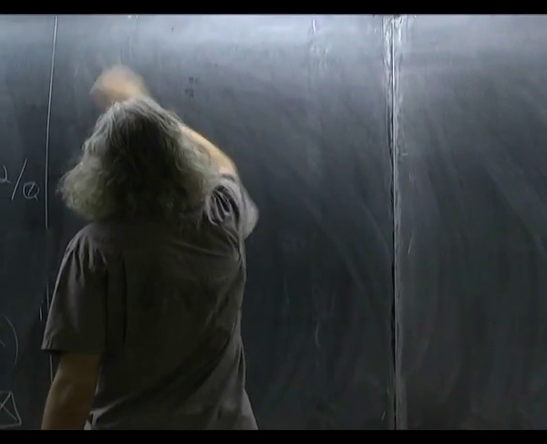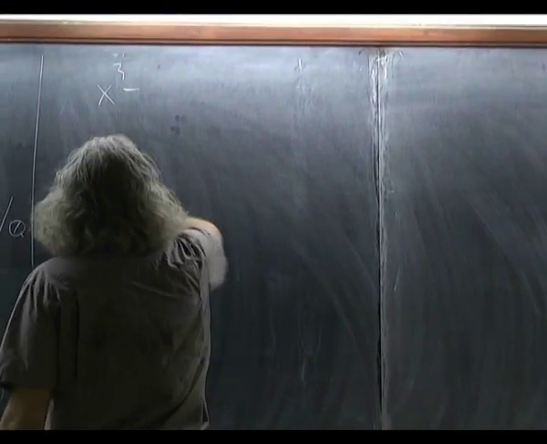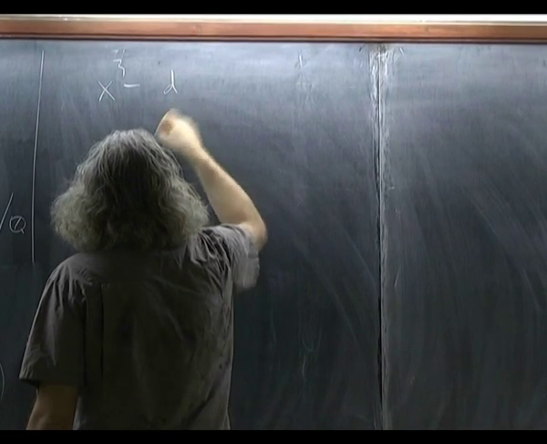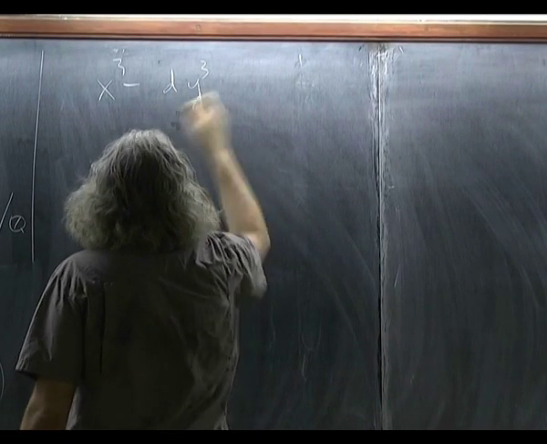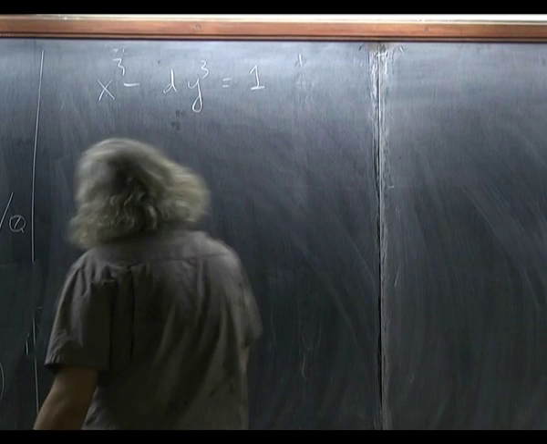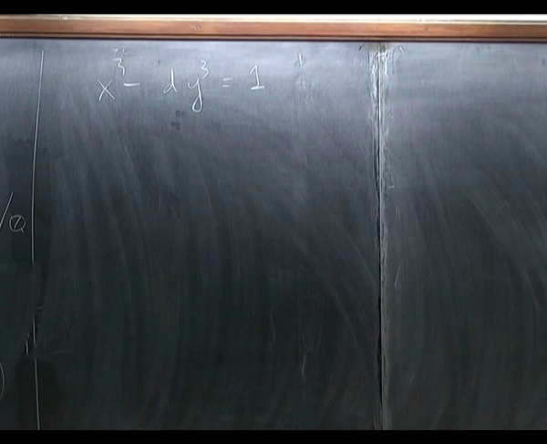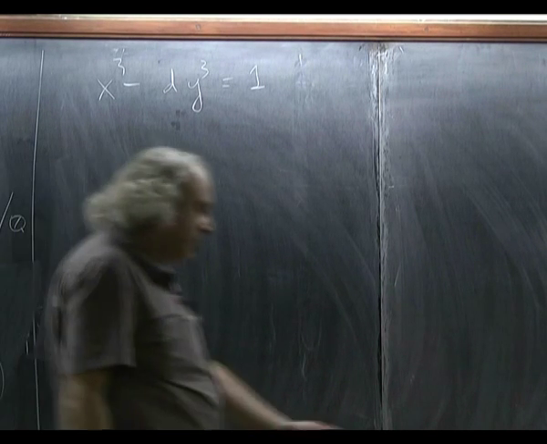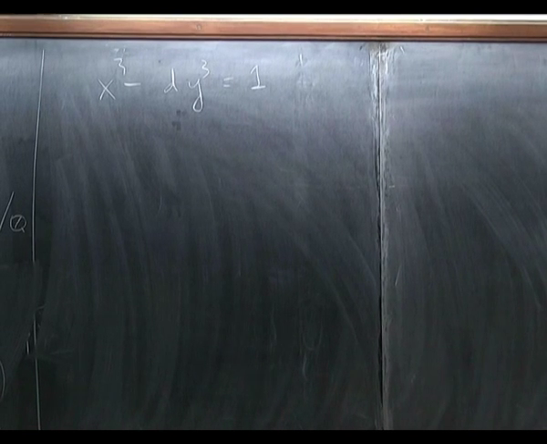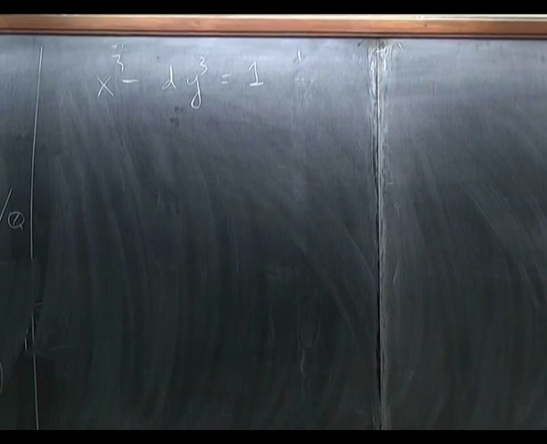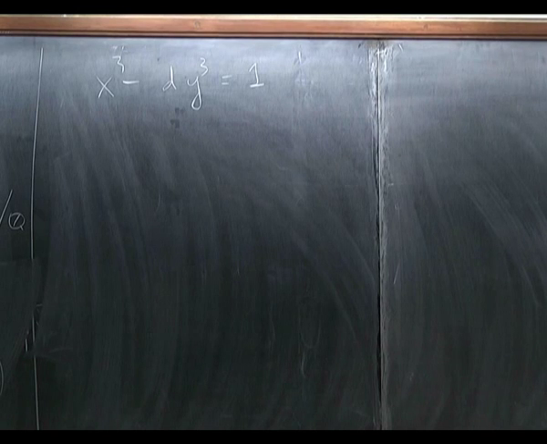So let us return to the equation x cubed minus d, say, y cubed equal to 1. And let us try to, if we cannot show that this equation has infinitely many solutions, let us try to show that this equation has finitely many solutions.